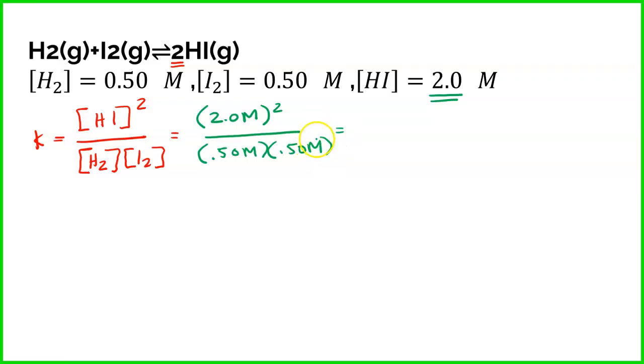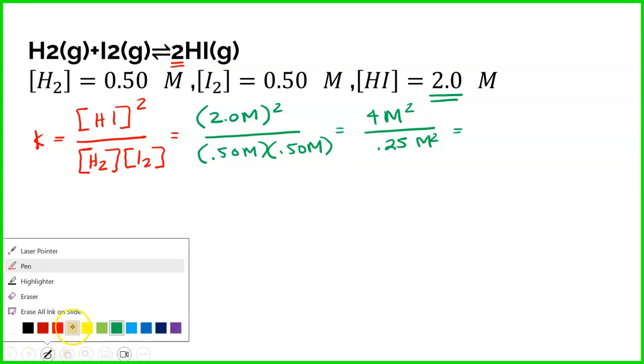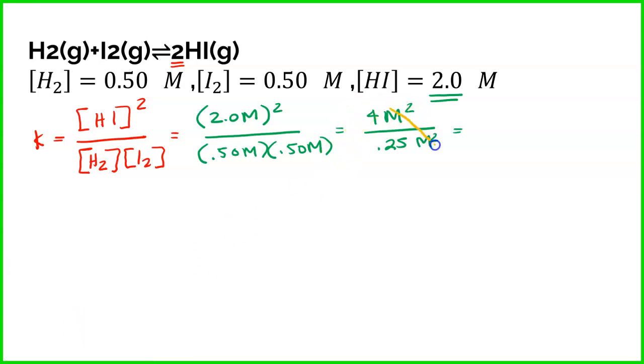When I square or cube any of these concentrations, I also have to do the same to that capital M. So I'm going to have 4 M squared over 0.5 times 0.5, so 0.25 M squared. Because they're both M squared, they're just going to divide out, and I'll divide my 4 by the 0.25, so K equals 16.